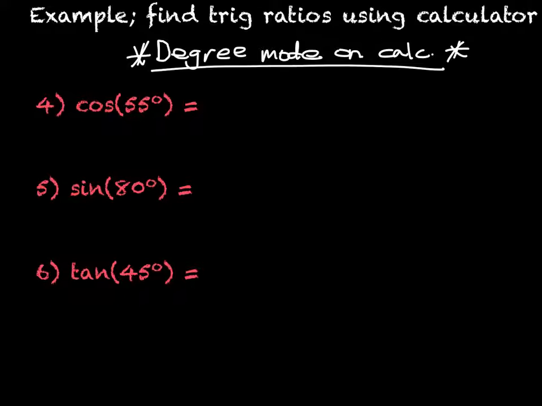So what you're going to do is just type in the cosine button, so we're going to type cosine, and then you're going to just type in 55, and then you hit enter.